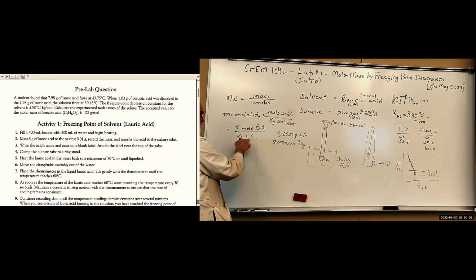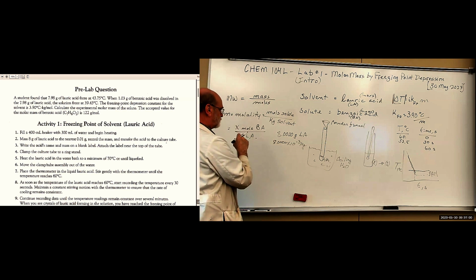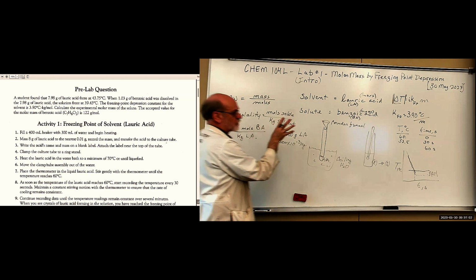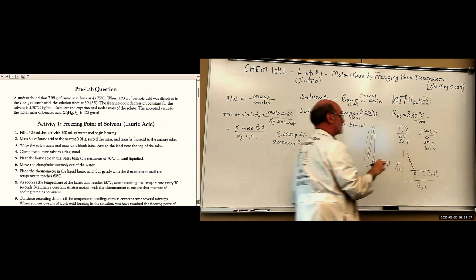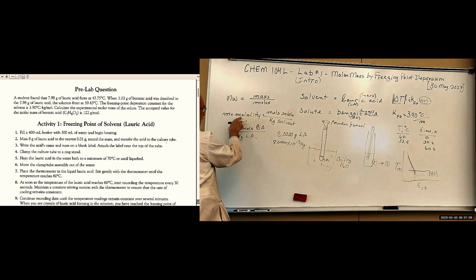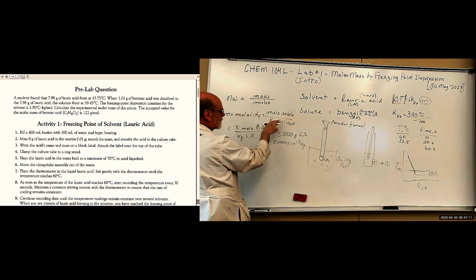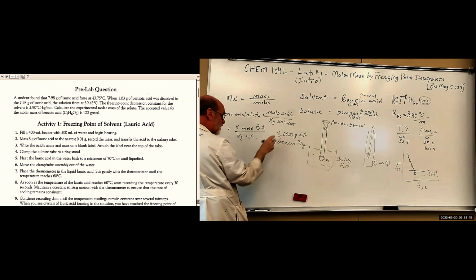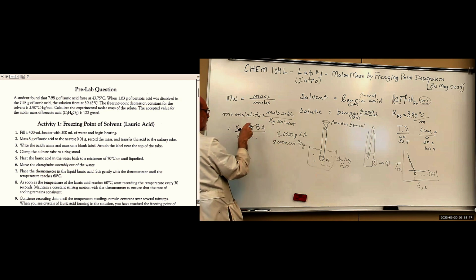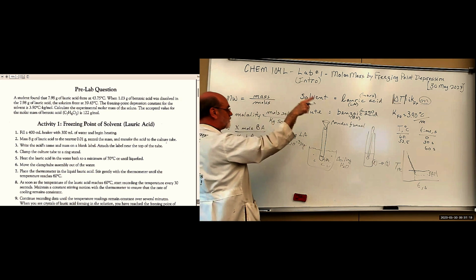So that's what goes in here. But from this formula, we get molality. And then we know that molality is equal to moles solute per kilogram solid. We know this one right here because we measured it. And we know this one right here because it came from that formula.